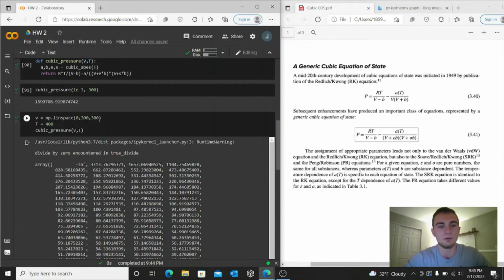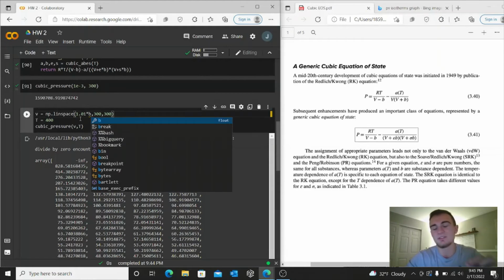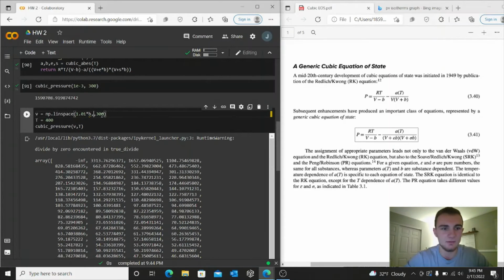So what we can do here is, for our starting value for our volume, we can multiply it by 1.01 times b. So that is just slightly above our b parameter. And for our n term here, let's bring it to 1,000.